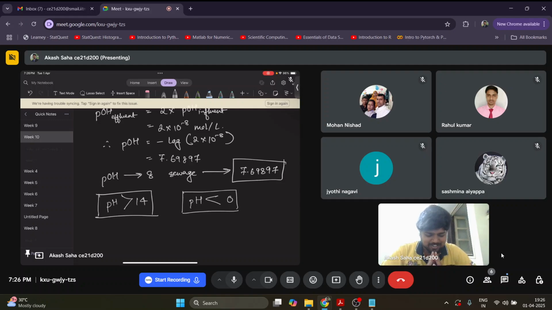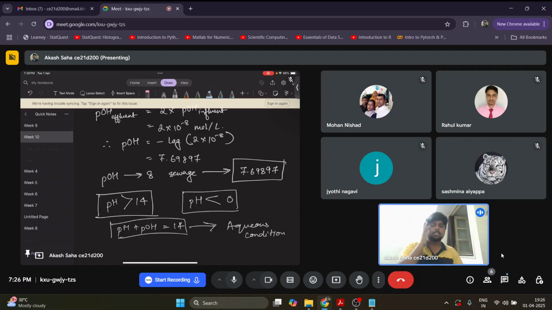No idea. Okay. See, whenever we are saying that pH plus pOH is equal to 14, this is mainly for aqueous conditions. Okay, aqueous conditions, it is in solution form.